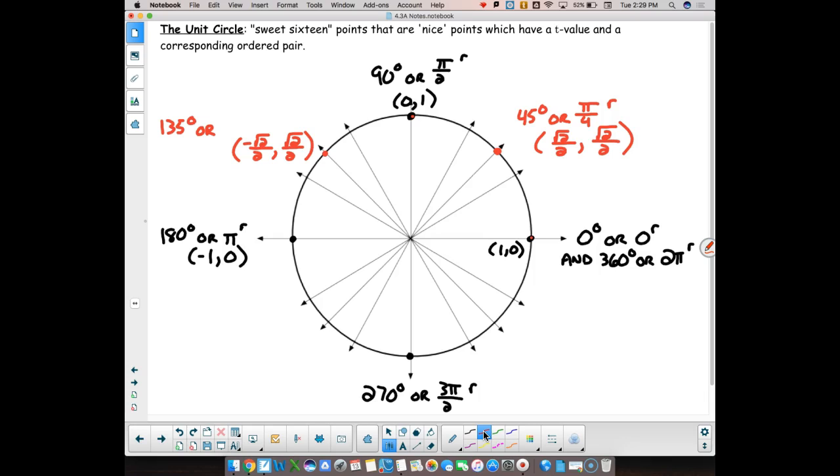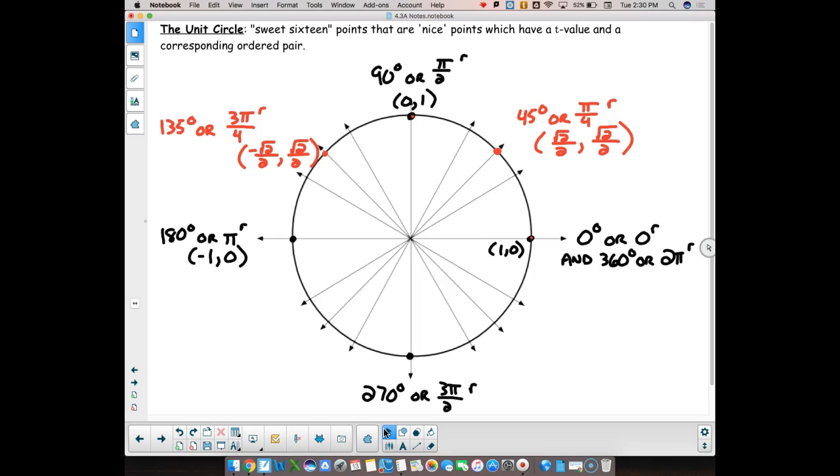If I go another pi over 4, now how many pi over 4s have I gone? 3, so this is 3 pi over 4 radians. If I go another pi over 4, now I'm at 4 pi over 4, which is pi, correct? Okay, so I already got that coordinate.